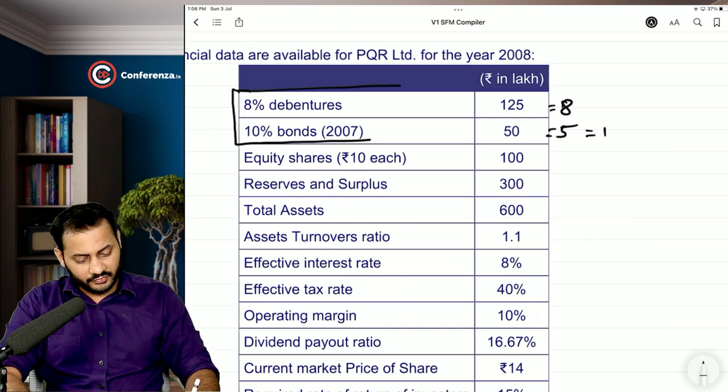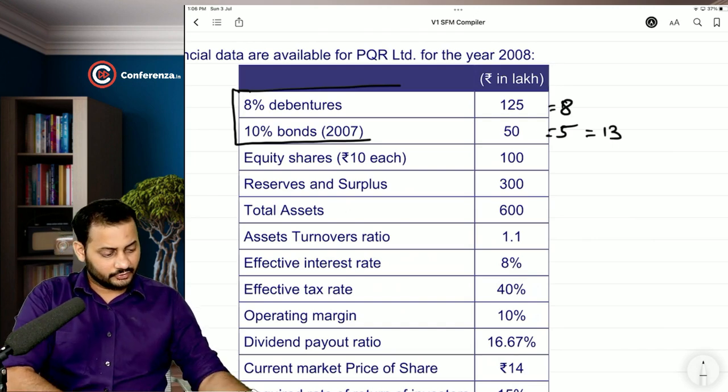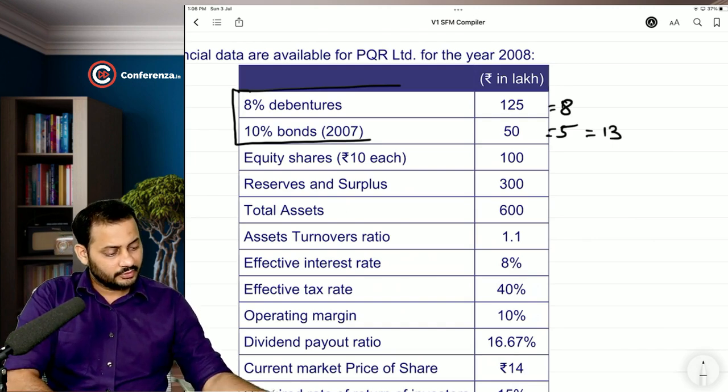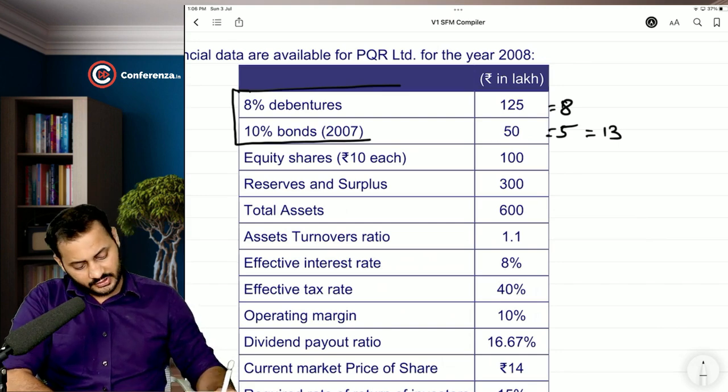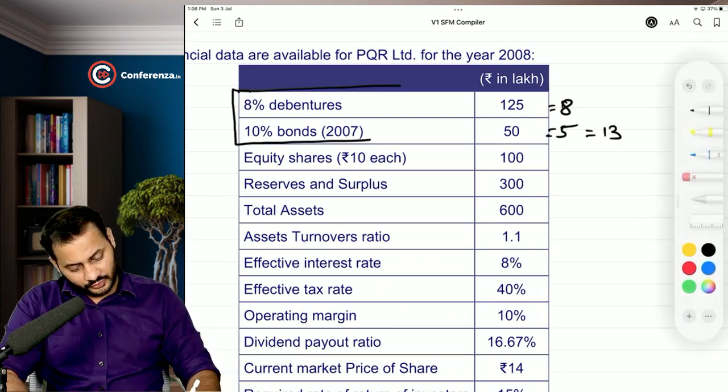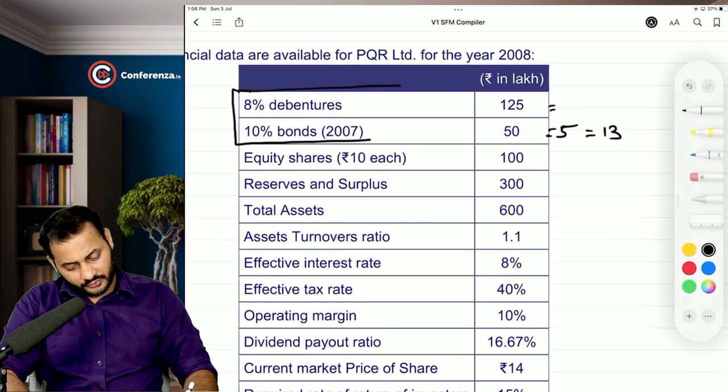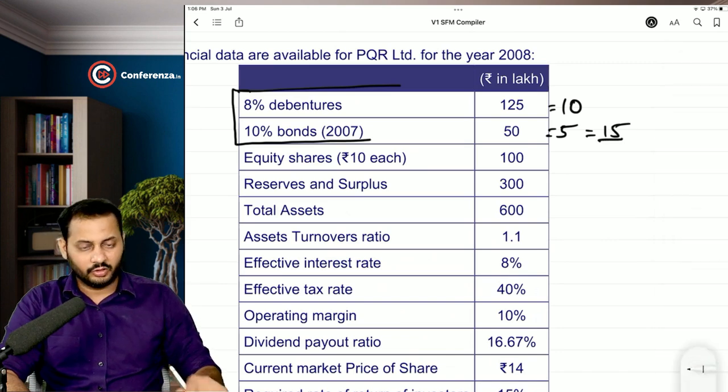In this manner, if you go this way, you will say that the interest that should be paid is 15 lakhs on all the bonds.